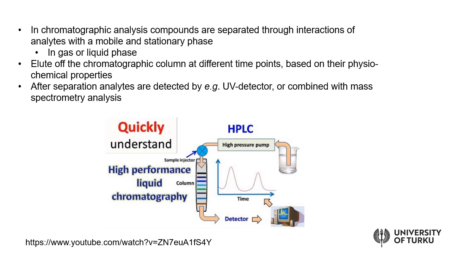Ultraviolet light absorbance can be used in order to visualize the metabolites coming out, or especially when the data is going towards metabolomics analysis, it is typically combined with mass spectrometry analysis, so that we are not only seeing the elution time of the different compounds, but we also push those through mass spectrometry analysis and detection thereafter.